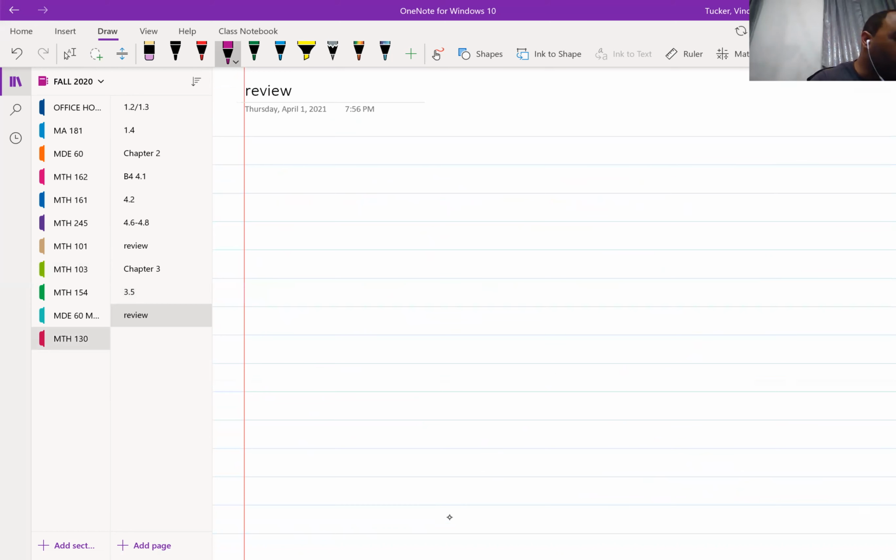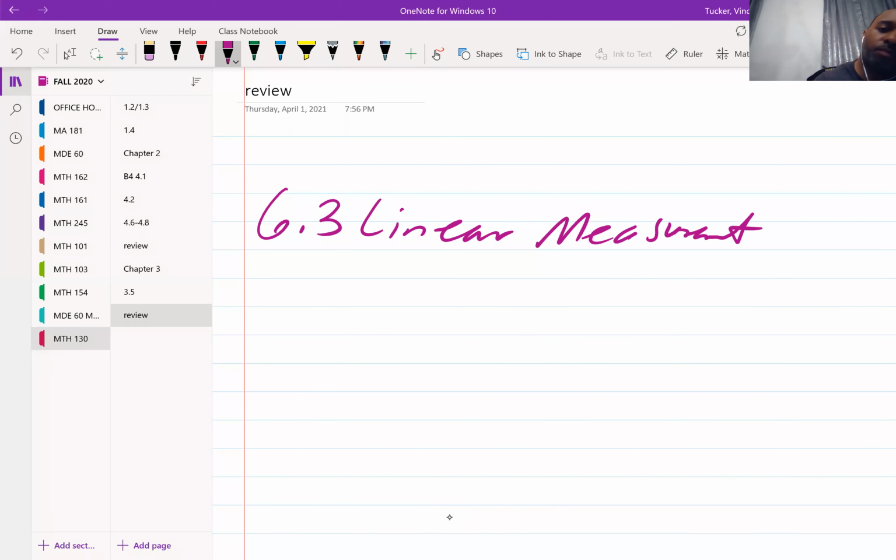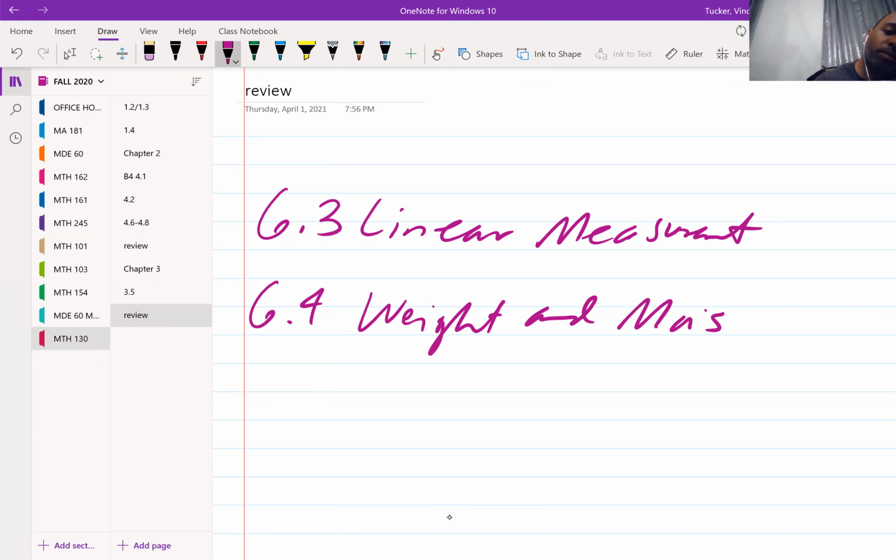So the next sections, and really they could have been all in one section. That's why there's normally set up like that. But you have 6.3 is linear measurement. 6.4 is weight and mass. And 6.5 is capacity.